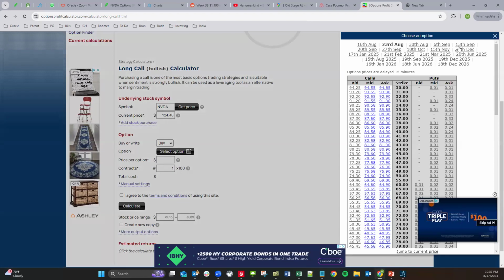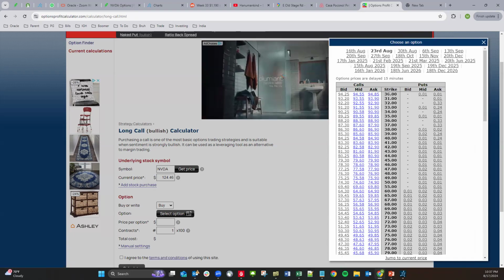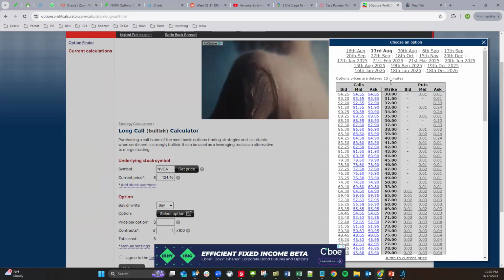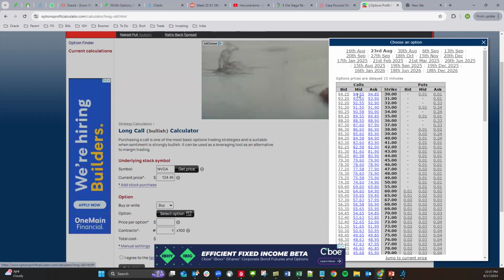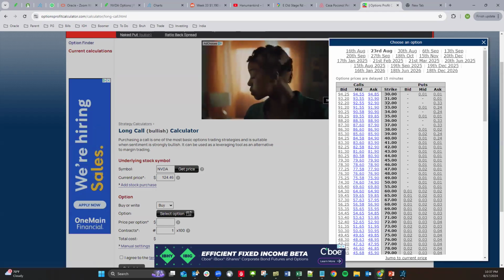Now the screen has your expiry dates, and this one is your strike price, and this is your bid, ask and the mid, right? Anyway, we're going to buy, so let's go with the ask itself.